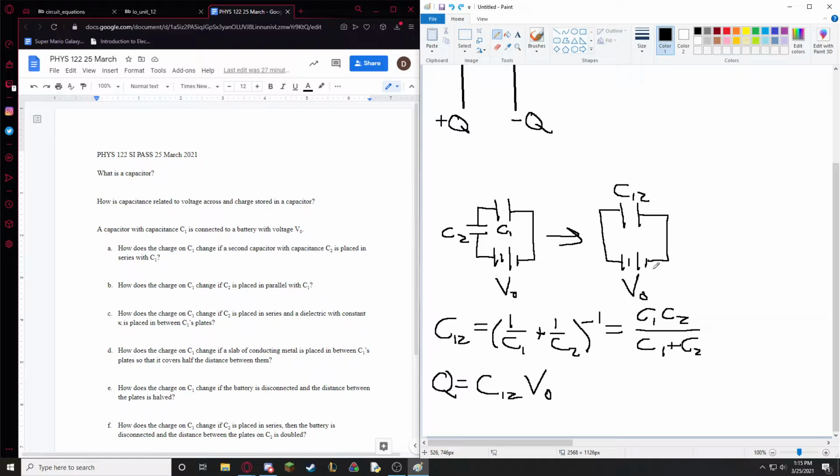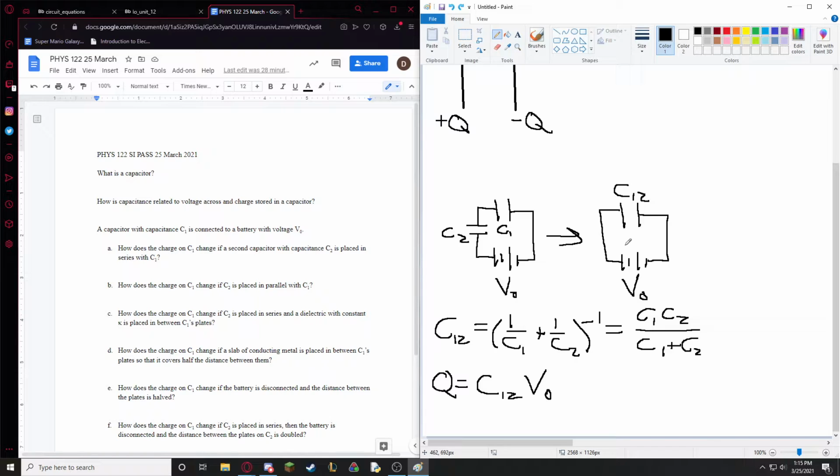So we gain V naught through the battery, so plus V naught, and then we lose V naught going across the capacitor, minus V naught. And so that's how we know what the voltage drop across C12 is. I don't know why he tries to have you guys understand capacitors without mentioning that, but I personally think it helps.